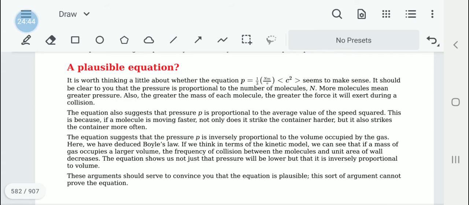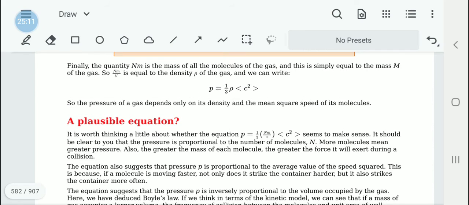If the number of molecules is higher, then obviously the pressure is also higher. More molecules means more collisions. As a result, there is a greater pressure. If there is a greater mass of each molecule, there will be more force created in a collision, and as a result more pressure. So that is true in this sense.